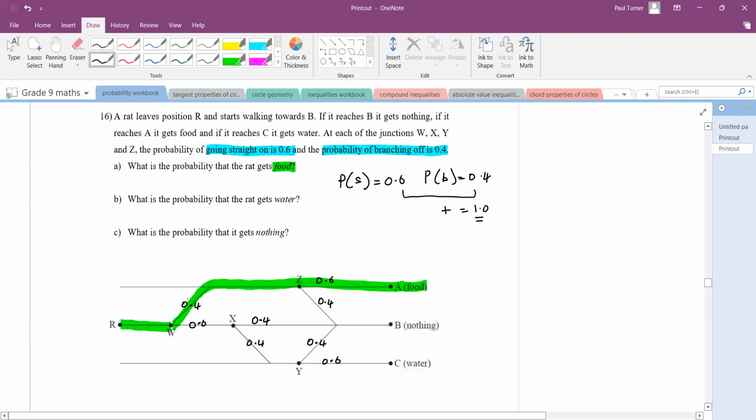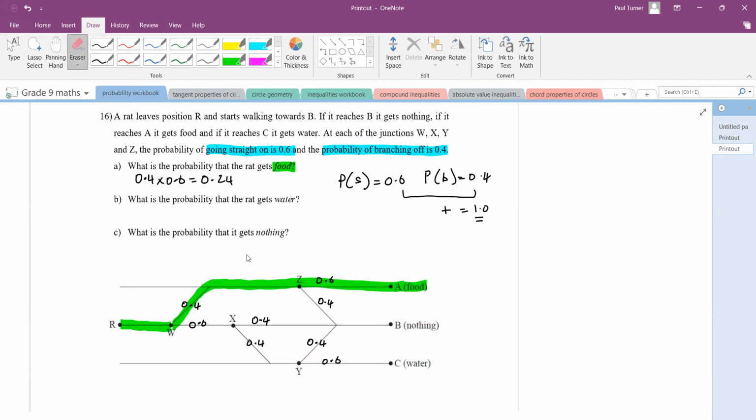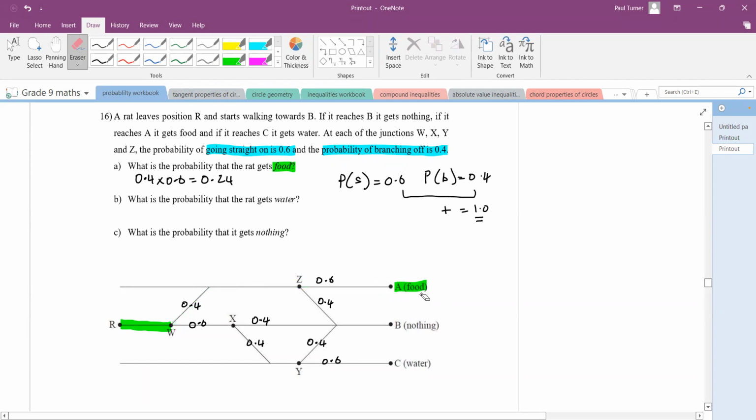So look at your probabilities. You got 0.4 and 0.6 here. So this probability is 0.4 times 0.6, which is 0.24 for the first answer. There's only one way you can get to food when you're moving in the forwards direction. So let's clear that line so we can look at the next one.